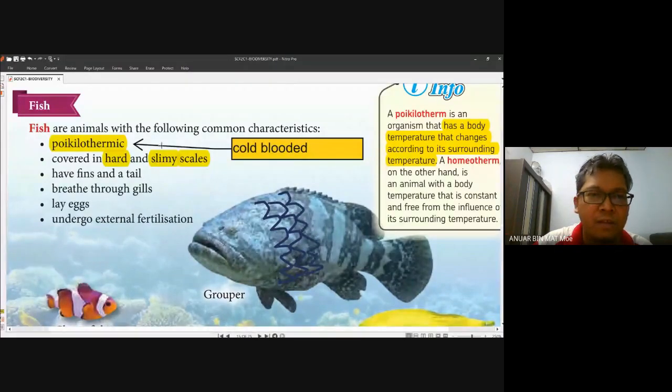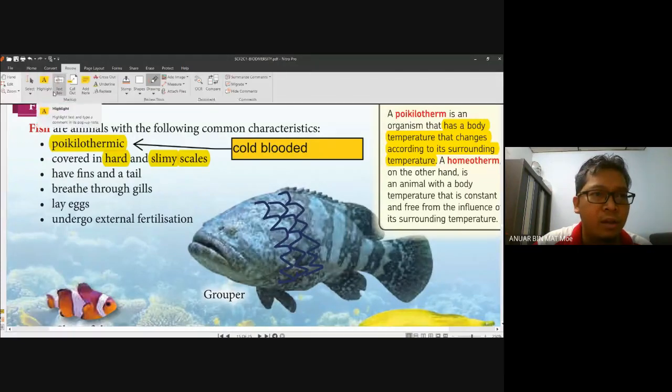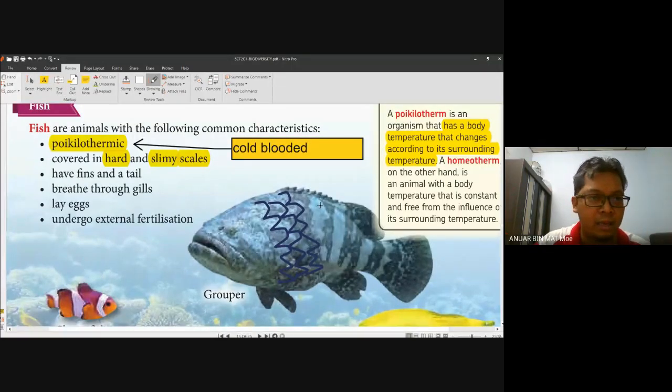This is an example of the slimy scales on the body of the fish. And what does slimy mean? Slimy means licin, very smooth and very slimy scales.